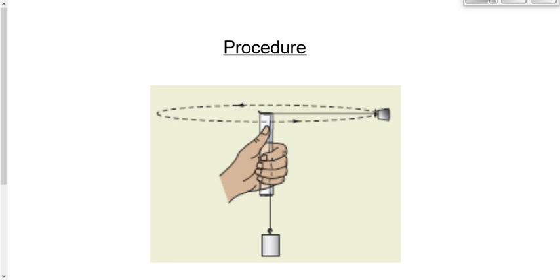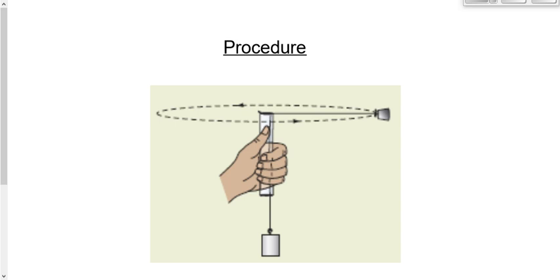So I need to have a mass attached to the bottom of this to keep it from going in a straight line. Listen carefully to what I just said, okay? This is the answer to one of the analysis questions that you're going to deal with later on. I'm going to attach a 200-gram mass onto the end of this, and that 200-gram mass will keep this rubber stopper, as I'm swinging it around, from going off in a straight line.